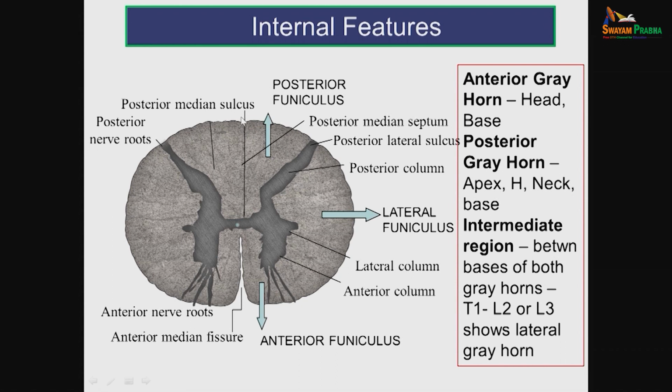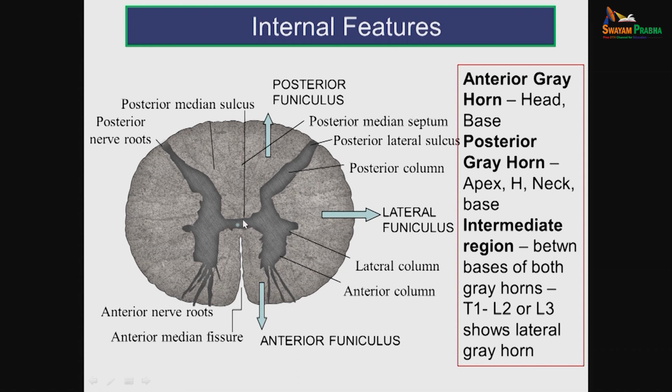Look at the posterior aspect. I already mentioned this is posterior median sulcus, and from there you can see the posterior median septum. When I talked about the external features, I told you there is a neuroglial tissue, a septum, which is extending from the posterior median sulcus into the cord, that is called posterior median septum.